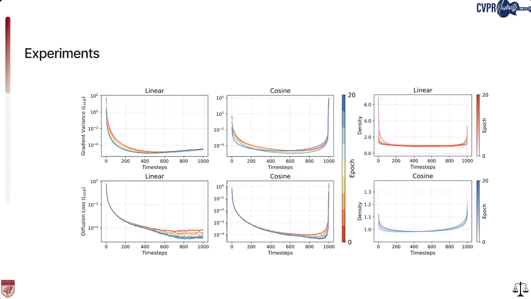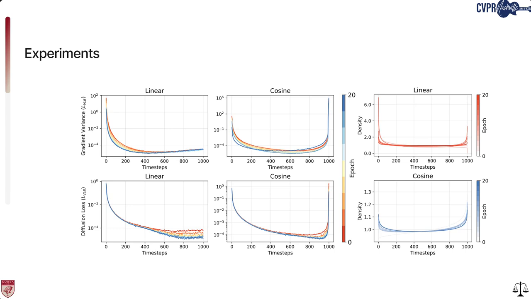Here, the right column of the figure illustrates the time step distribution sampled by our method when applied to DDPM. The left column illustrates the variations in gradient variance and diffusion loss observed when training DDPM using L_VLB rather than L_DDPM without incorporating our proposed method.